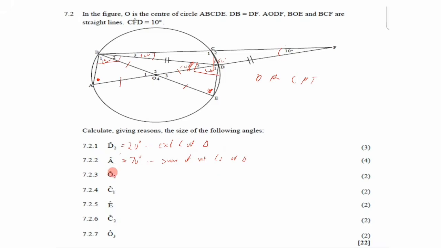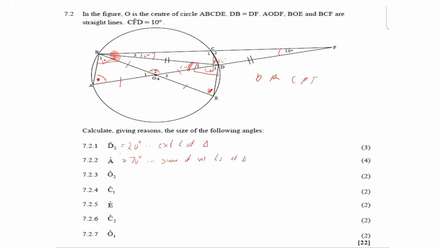And what about O2? Now, where is O2? We have our O2 here. O2 is an angle at the center. Let's see if we have any theorem relating to the center. If we hold chord BD, we can see that chord BD subtends an angle at the center, which is O2. But chord BD also subtends an angle at A, which is on the circumference.